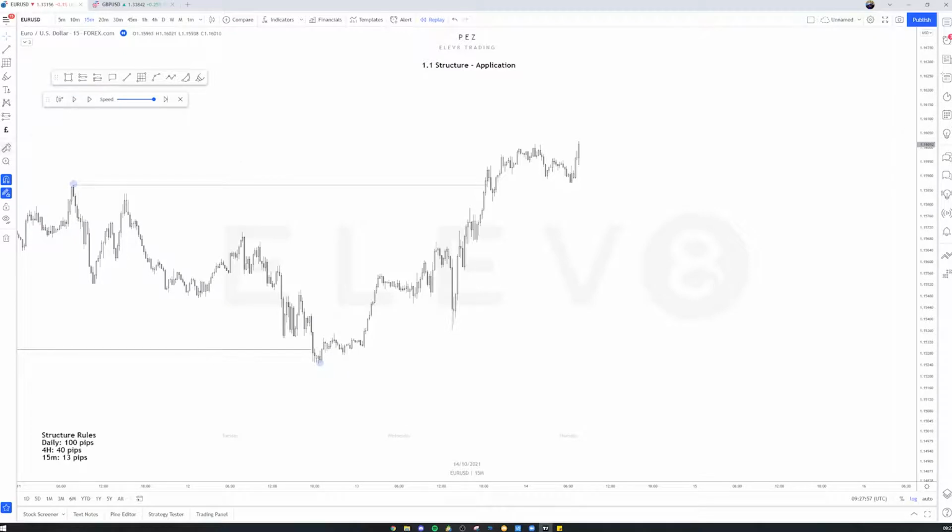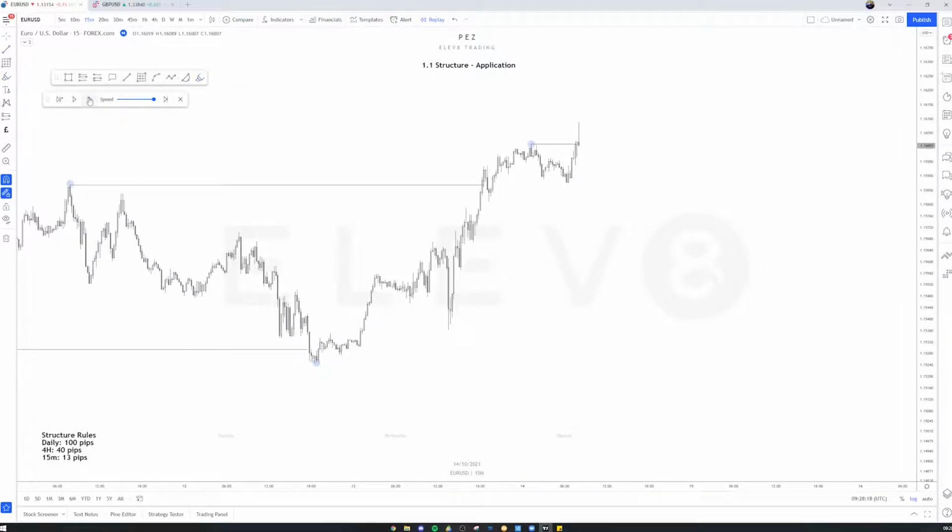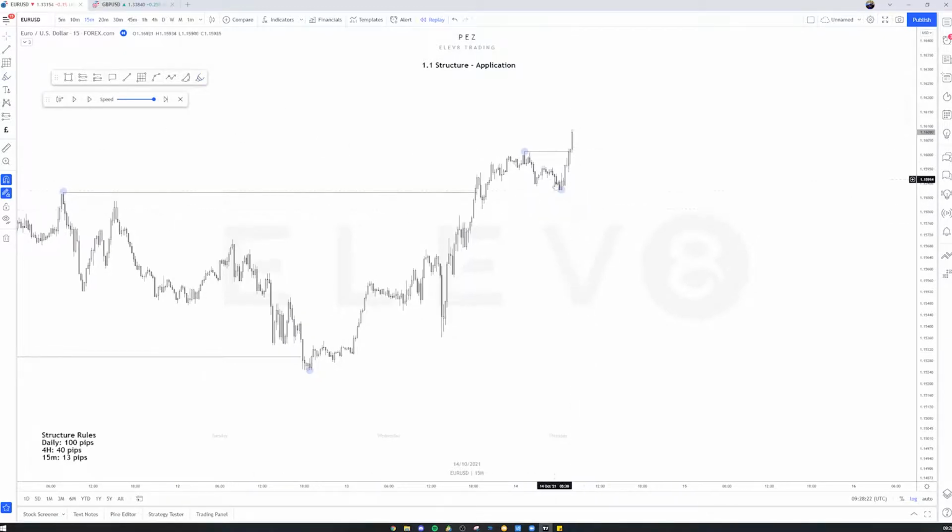So we've got this one, oops. This one is 13.4, so that would be classed as structure. So if we draw on our high, and then we're waiting to see this break of structure now, which we get here, and then that confirms our new low.